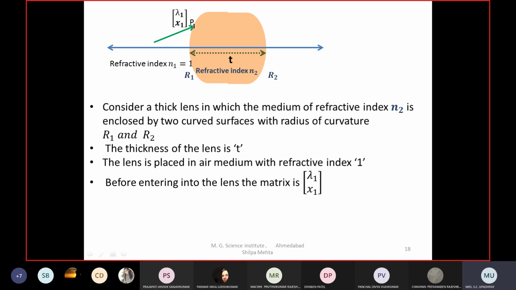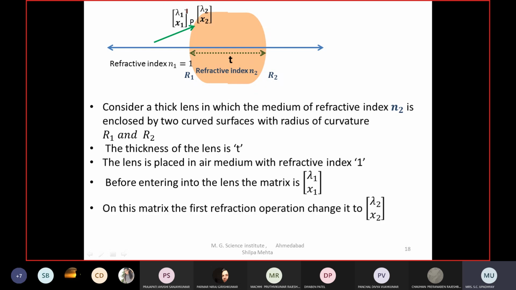So before entering into the lens, the coordinates of the ray is λ1 x1, and the first refraction changed this λ1 x1 into the matrix λ2 x2. Now the ray started from P and it reaches Q point on the opposite side, and the coordinates are changed, and this changed coordinate are λ3 x3.